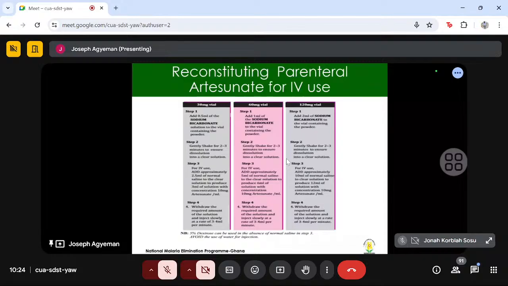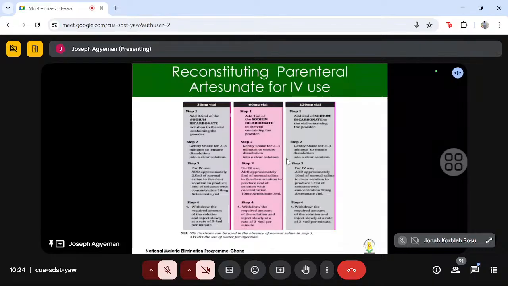Okay. Class captain, for the IV artesunate, what is your target concentration, as in the dilution, for IV? If you are directing somebody, it doesn't depend on the strength, because there's 60 and then there's 120.